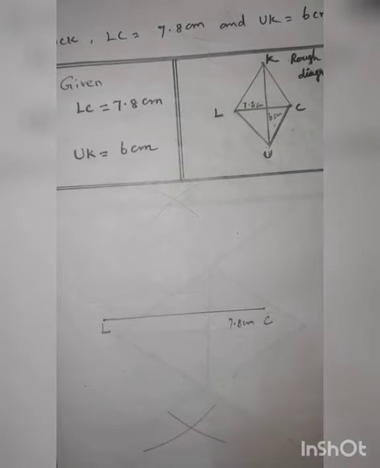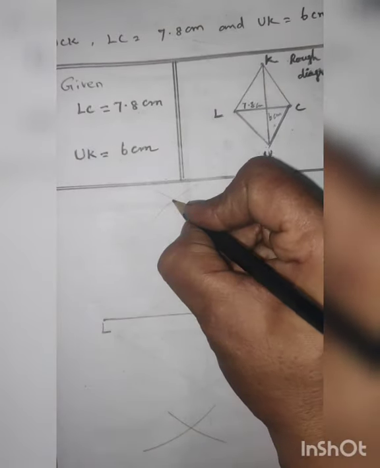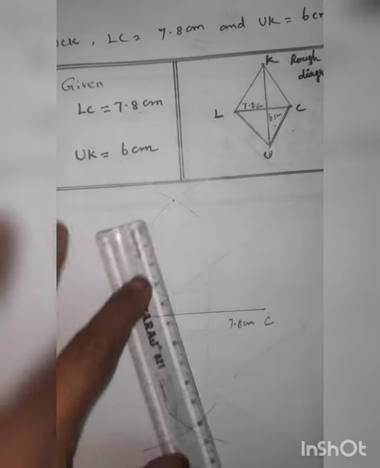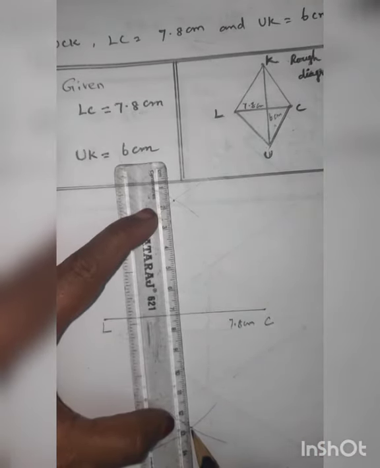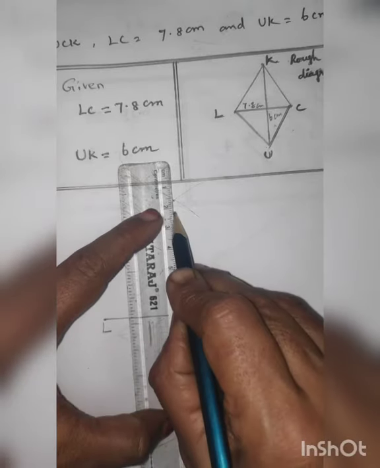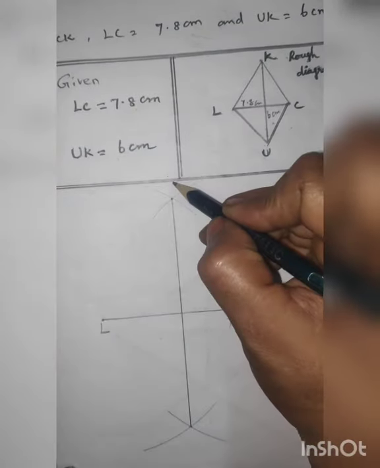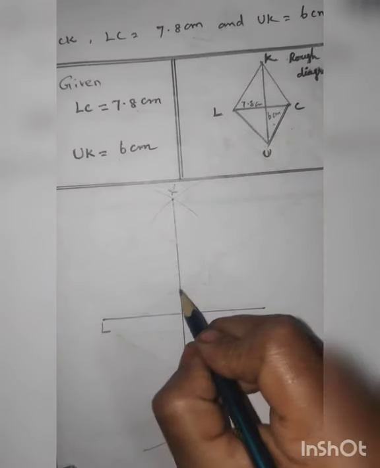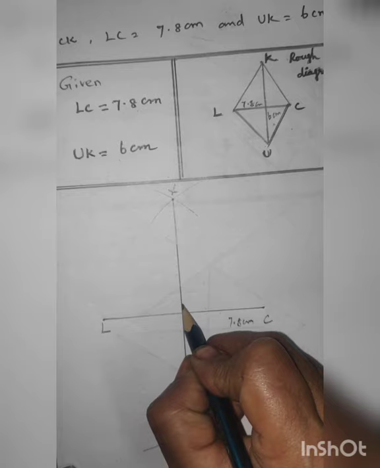Next, with the same length unchanged, from point C cut the arc: one arc up, one arc down. Mark the meeting points of the two arcs with dots and join this line. Here write X, here write Y. This is the perpendicular, the 90 degree is completed there.